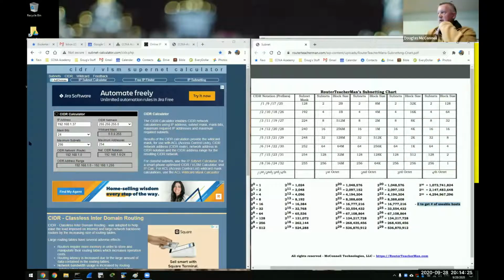So here's the network address, 192.168.1.0. Here's the CIDR notation with it, 192.168.1.0/24. Here's the range, 192.168.1.0 through 192.168.1.255.